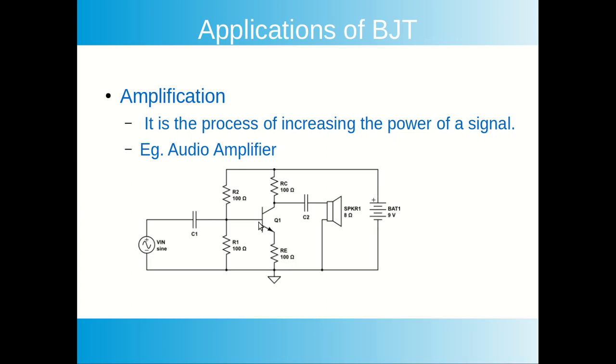If we look at the circuit, it is very simple. The amplifier circuit is this. An NPN transistor is connected here, and initially it has to be energized. That is known as the biasing of the amplifier. The NPN transistor has to be energized with the help of a 9 volt battery, along with these resistors, R1, R2, RC and RE.